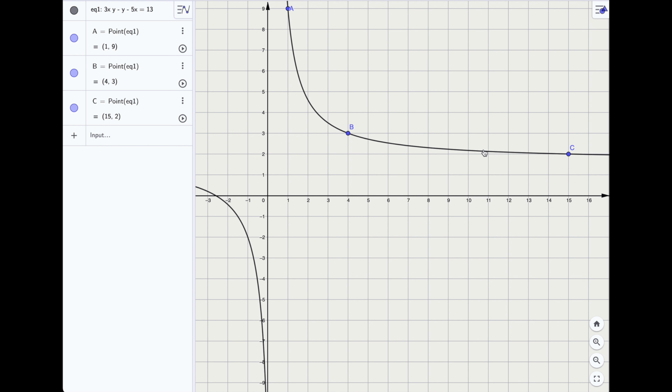But now that we have solved it analytically, we are completely confident that these points A, B, and C are the only points that are on this graph, and they coincide with a grid point exactly. Okay, because grid points are the points with both coordinates natural numbers.